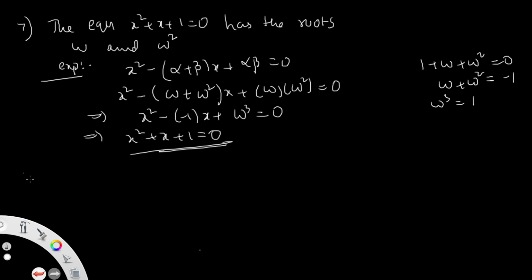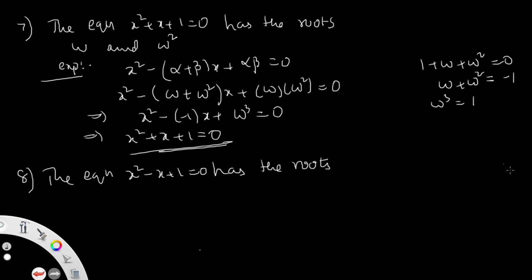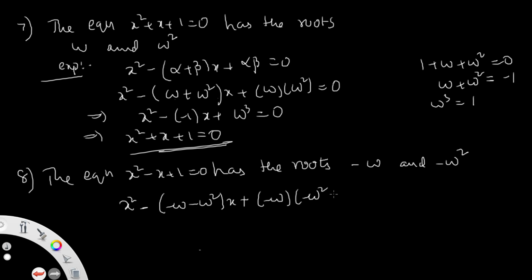Similarly, the equation x square minus x plus 1 equal to 0 has the roots, what should we write here? Minus omega and minus omega square. In the same way, we substitute: x square minus (minus omega minus omega square) x plus minus omega into minus omega square equal to 0.